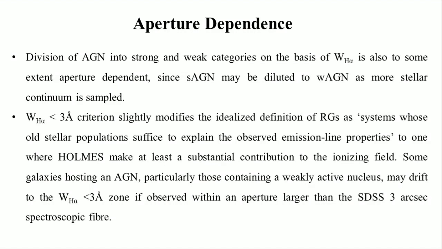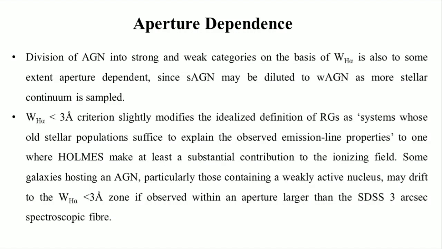And this criterion of width of H alpha less than 3 angstrom slightly modifies the ideal definition of RGs, because this is purely based on observational fact, like how we chose 3 angstrom. Similar to the previous case, if we sample more of the stellar spectrum, it is again aperture dependent, and there is a high chance that we can misclassify into VKG.